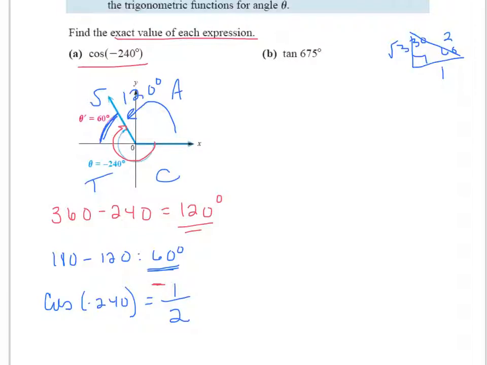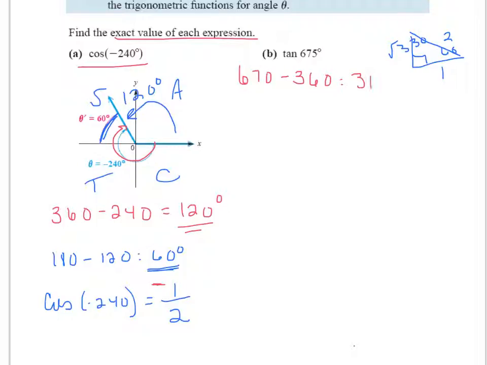B says to find tangent of 675. So the first thing I need to do is to find a coterminal and then a reference angle. So I'm going to say 675 minus 360. So 675 minus 360 gives me 315.